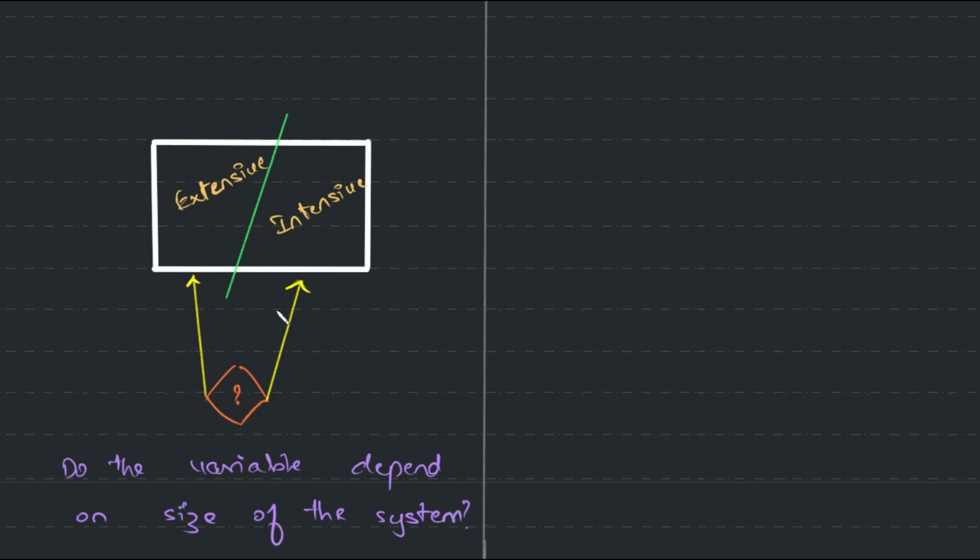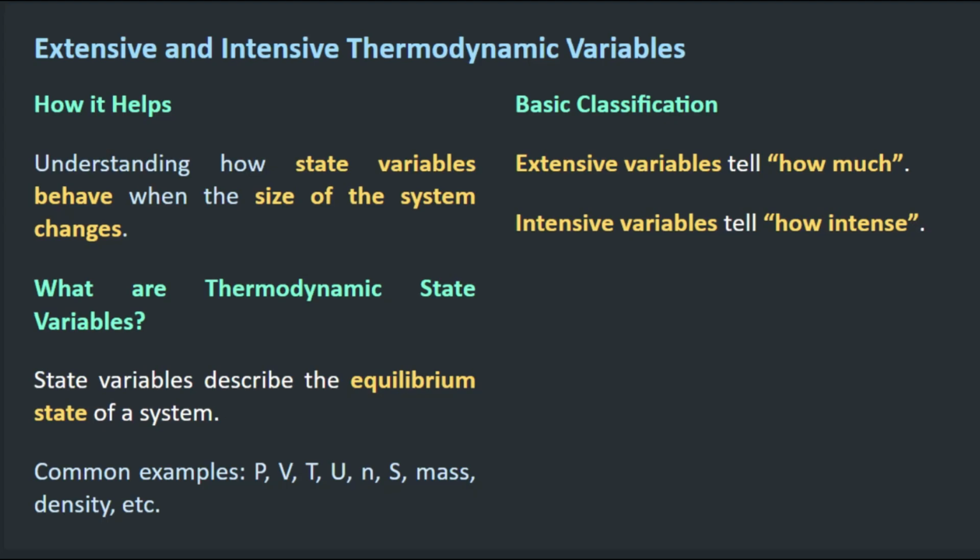If the answer is yes, it becomes extensive. If the answer is no, it becomes intensive. Let me go through the slides. Let us see a few examples and we'll understand this.